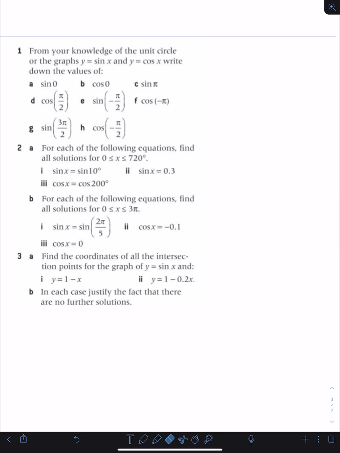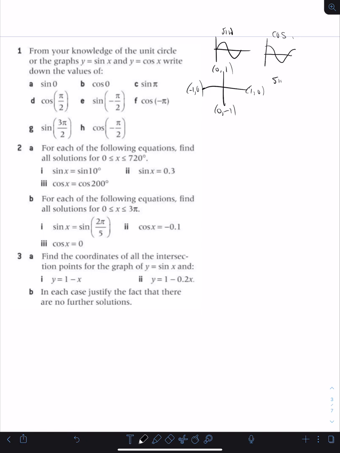One is just about memorization. The sine of 0, I don't care how you think about it. You can think of it as, I remember the graph, or cosine, and you can go off that. Or you can use my little thing like this, where this is 1, 0, 0, 1, negative 1, 0, 0, negative 1, and all that jazz.